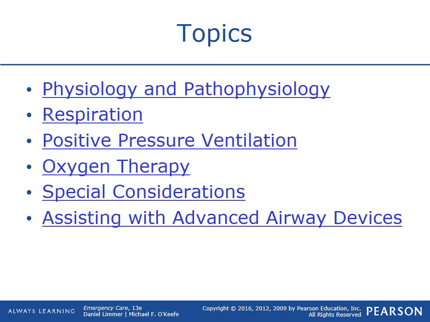So we'll talk about the physiology and pathophysiology of breathing and what respiration is, positive pressure ventilation, and us actually causing the ventilations or working to create adequate chest rise and rate, oxygen therapy, special considerations, and then we'll talk about advanced airway devices that you can help with, or some of them that you can even use in your system's protocols.